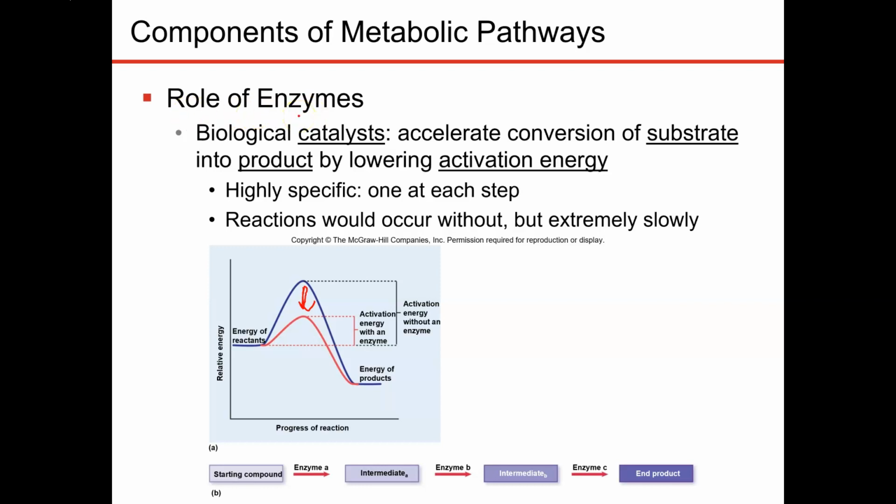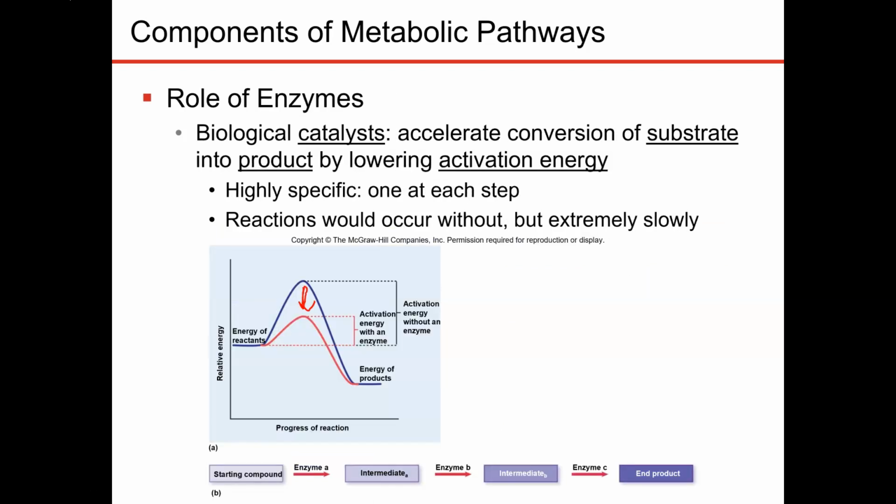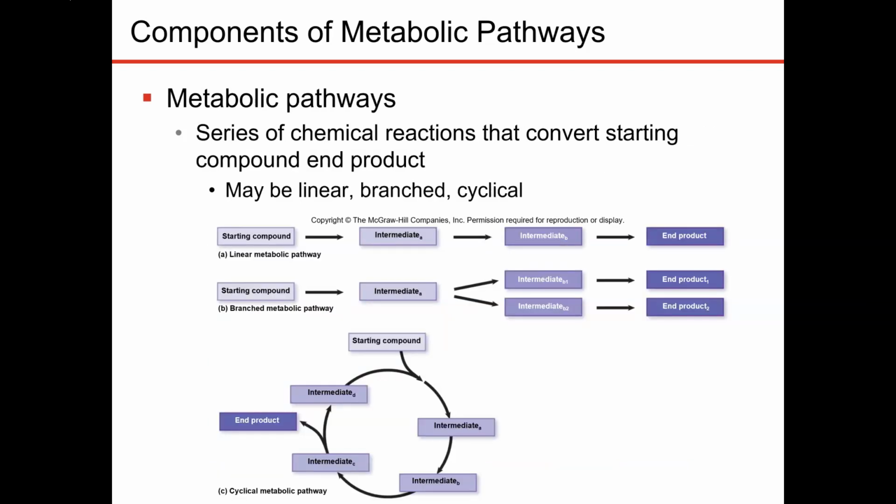Most enzymatic pathways are very branched pathways. So I said most enzymatic pathways are branched. This is showing a linear pathway. Most enzymatic pathways are branched. Okay, and so this is what a branched pathway looks like, and this is a very small branched pathway, but it's still showing branching. So you have some starting material. This could be, say, glucose, and we're going to produce water over here and carbon dioxide.